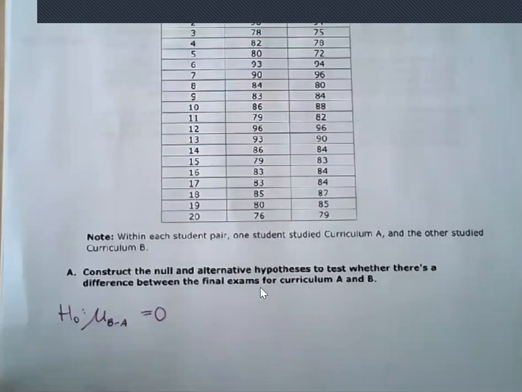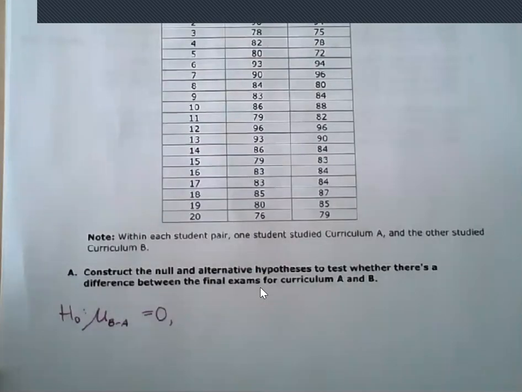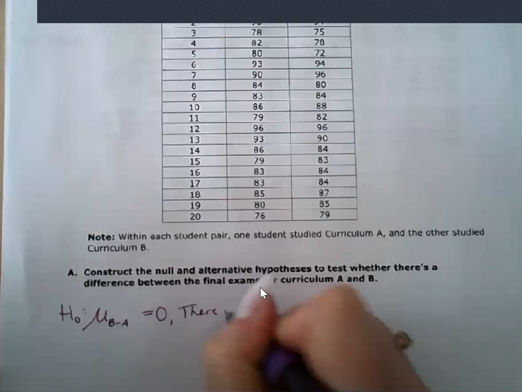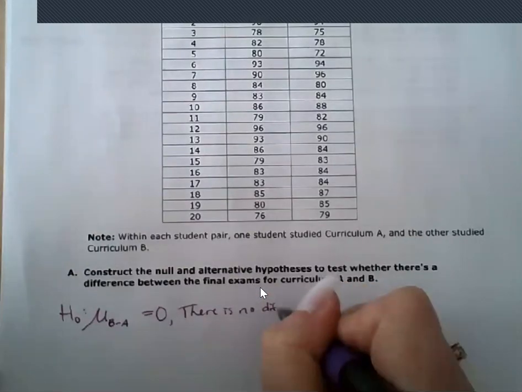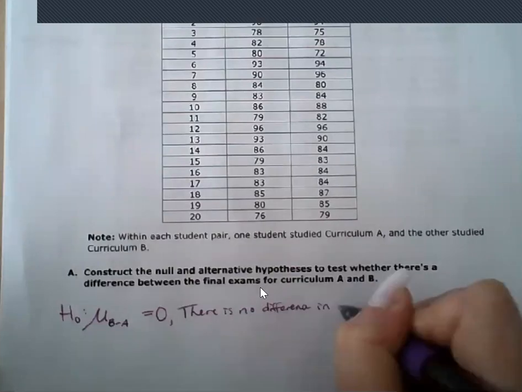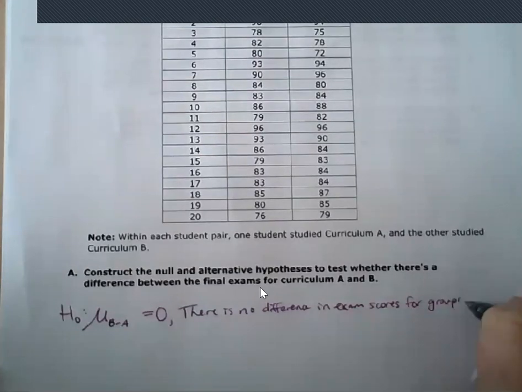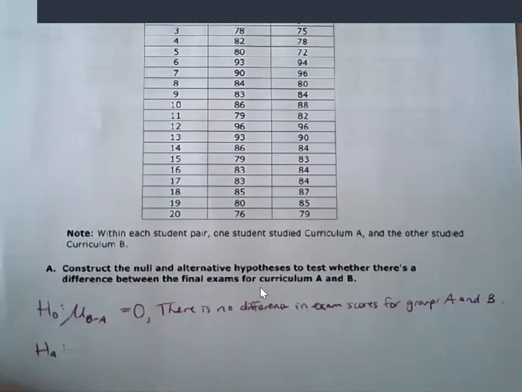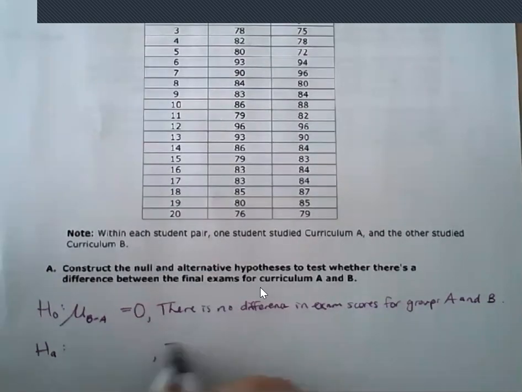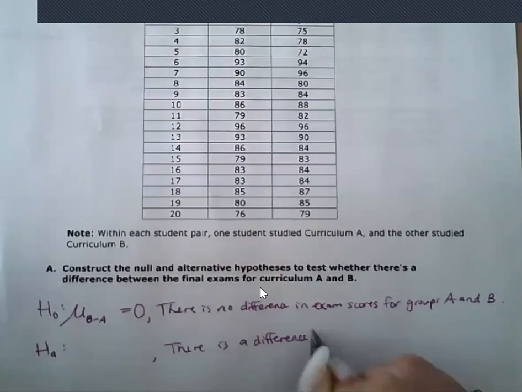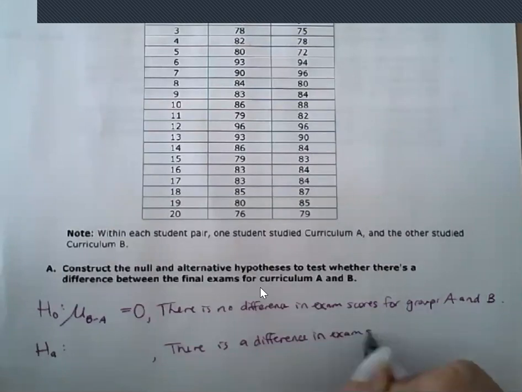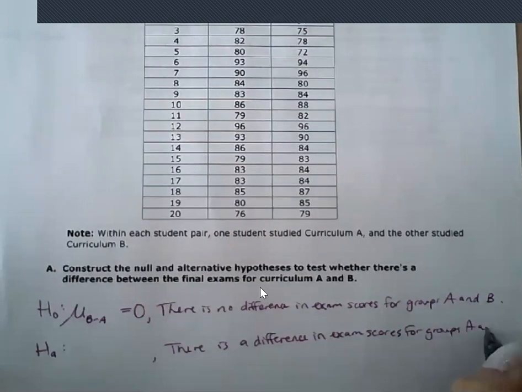Okay, so in context, I also have to write that would mean that there is no difference in exam scores for groups A and B. Okay, and then our alternative hypothesis would be that there is a difference between the exam scores for groups A and B. Okay, so how would I write that?